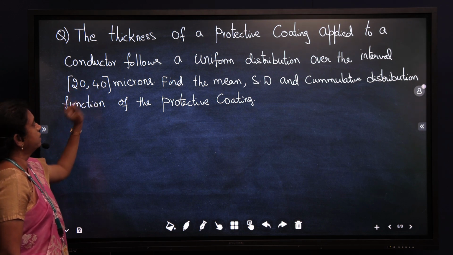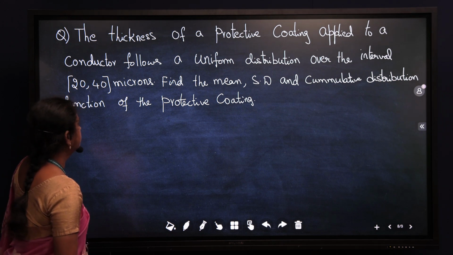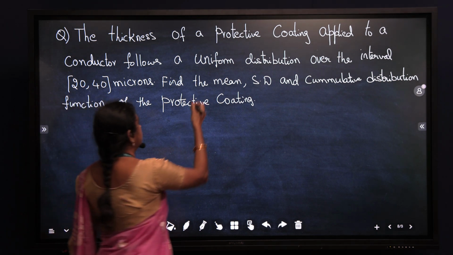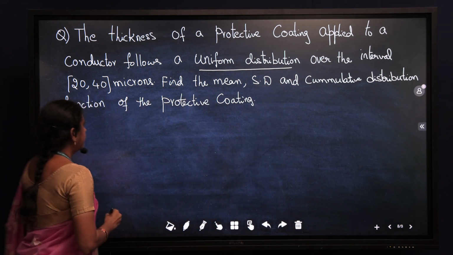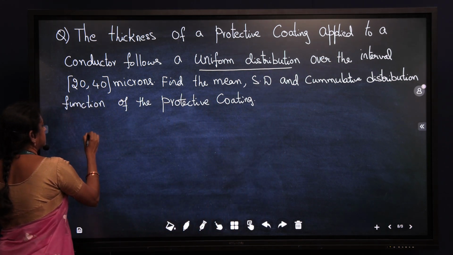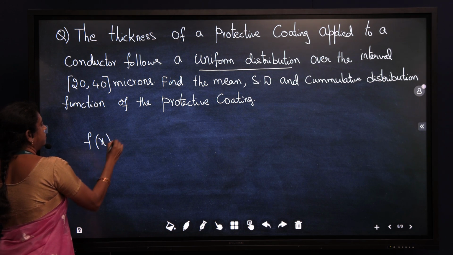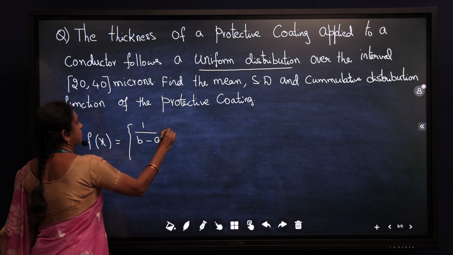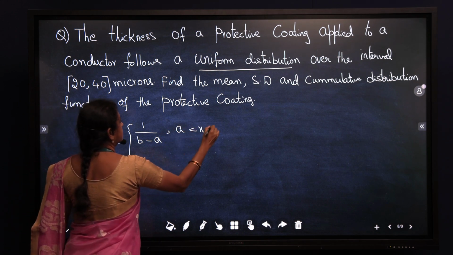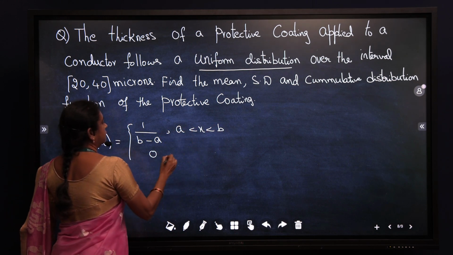Now based upon this, we'll write down the distribution function first, since he has mentioned it as uniform distribution. So first we'll define the distribution. f of x is equal to 1 by b minus a between the interval a less than x less than b, 0 elsewhere.